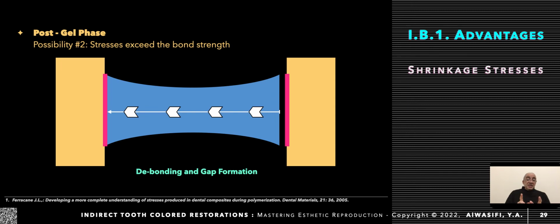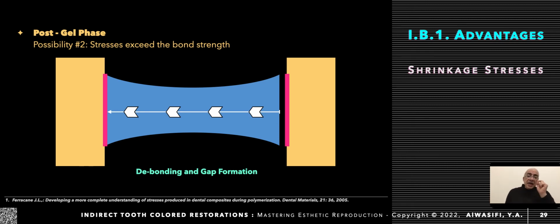That's why you should apply your composite incrementally, not only for the depth of light cure, which should be 2 millimeters at least, but it is better to be less than 2 millimeters, because the total polymerization shrinkage stresses relate to the total volume of the increment of your material.